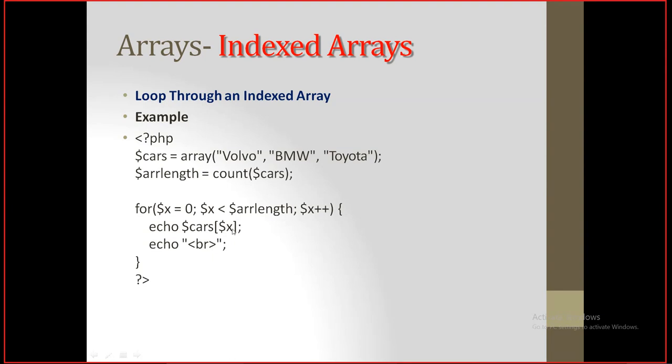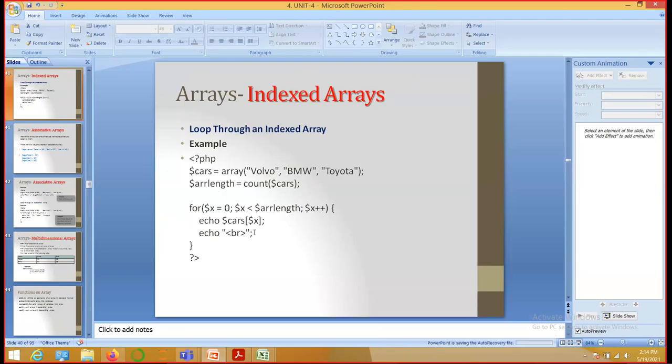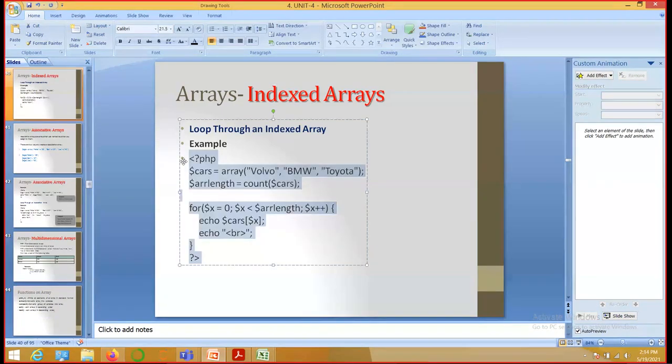And here, since the counter is a variable, we are using a dollar sign for the counter variable also. So this will print the array elements one below the other, because we are using a break tag also in each iteration, right? So if you want to see the output, we can simply use again the W3 Schools editor.